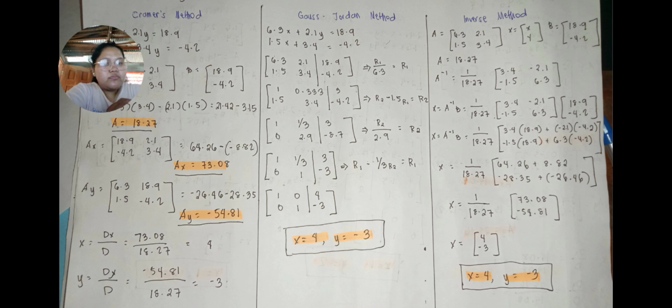As you can see, we have the multiplied A and B. It results to 73.08 and negative 54.81. So we are going to multiply and divide. It results to x is equal to 4 and y is negative 3. So our x value is 4, y is negative 3.